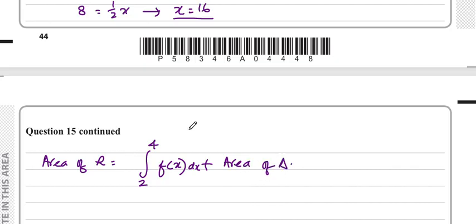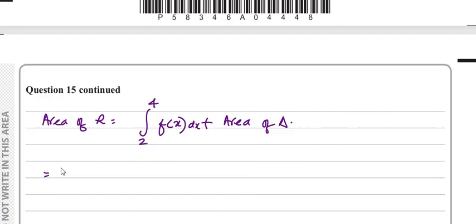Okay, so let's now find the first part of it. Integral between 2 and 4. What was the equation of the curve? 32x to the power of minus 2 plus 3x minus 8 dx.